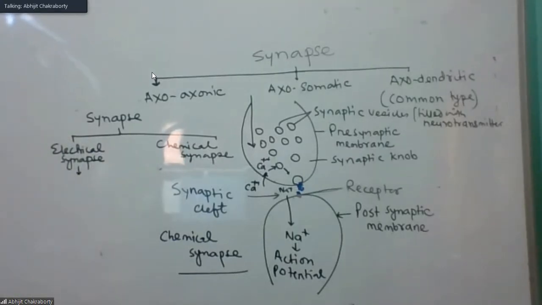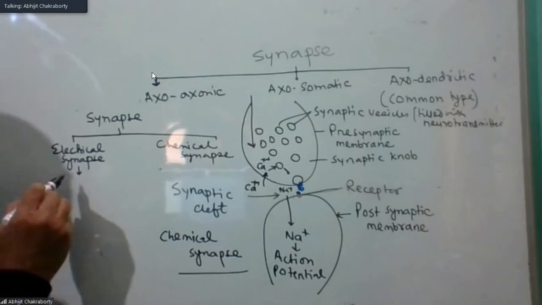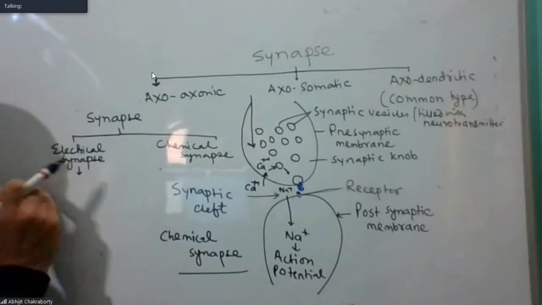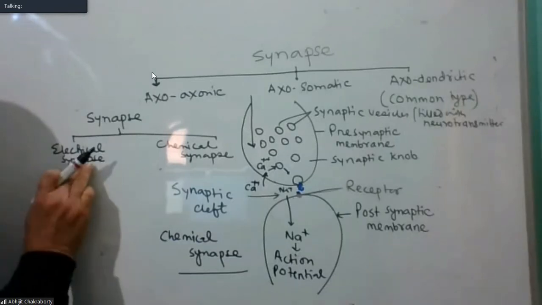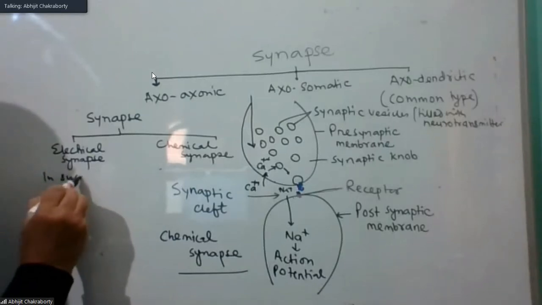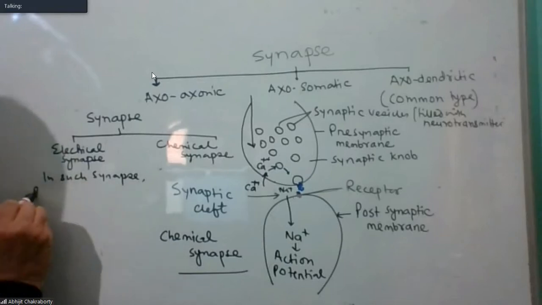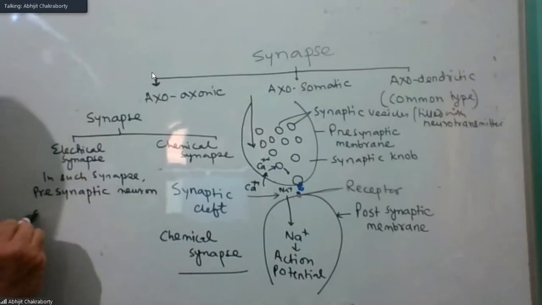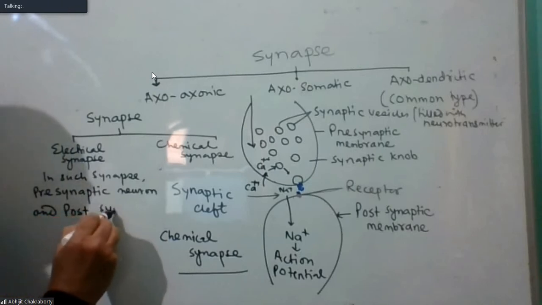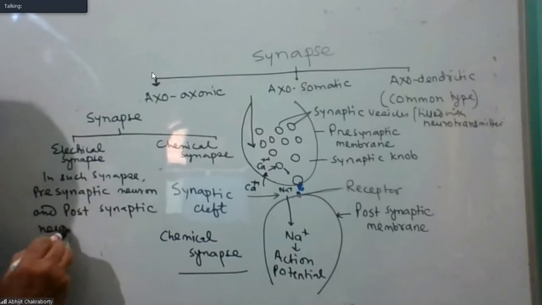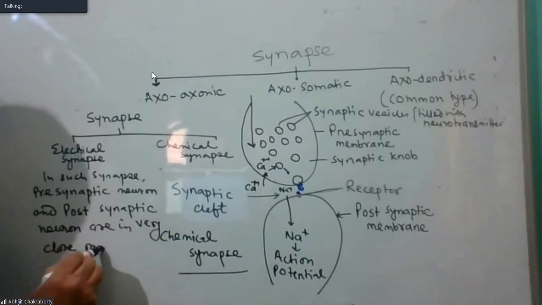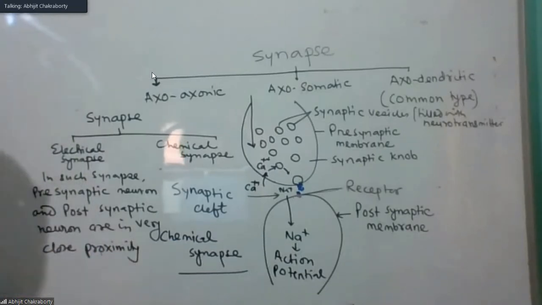In the electrical synapse, the presynaptic neuron and postsynaptic neuron are in very close proximity.